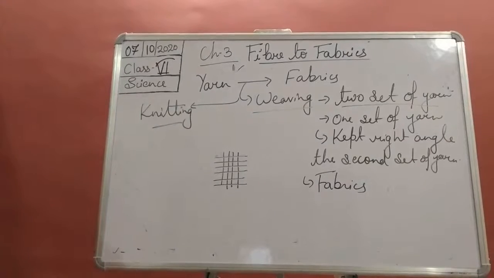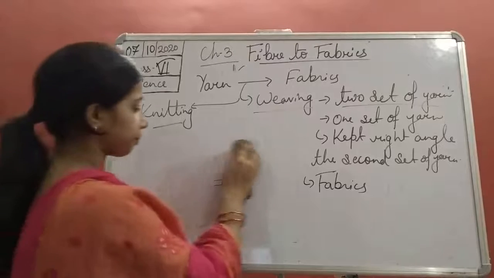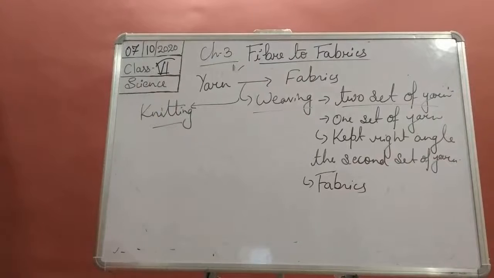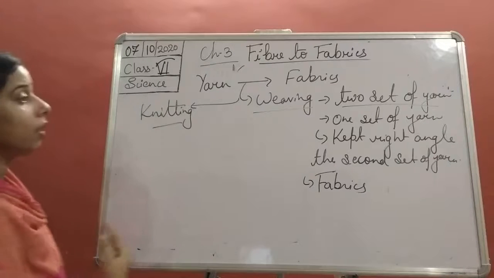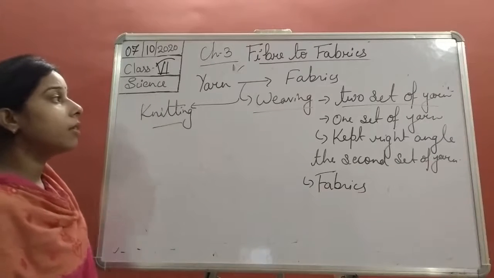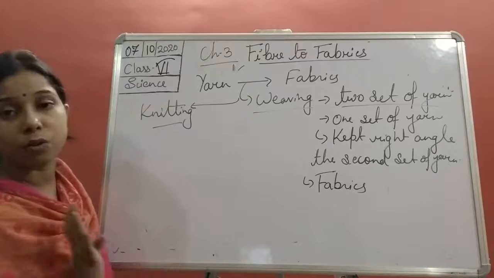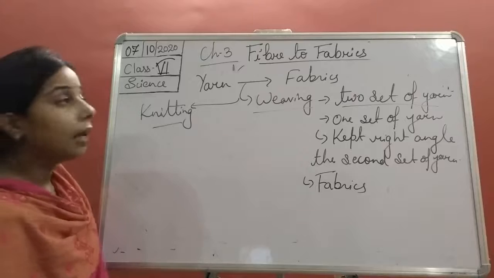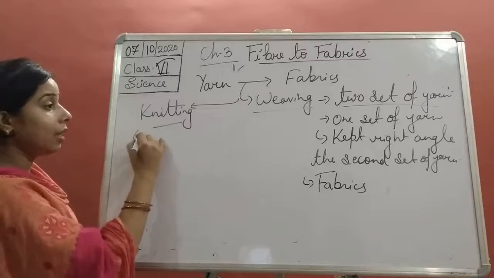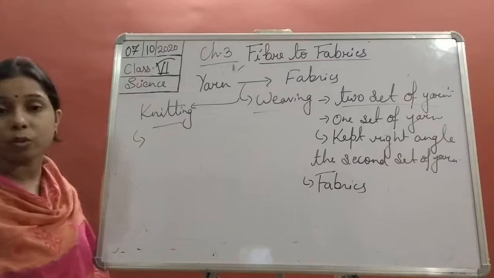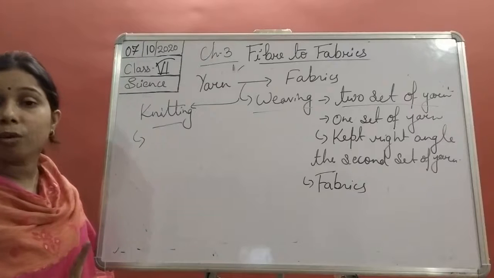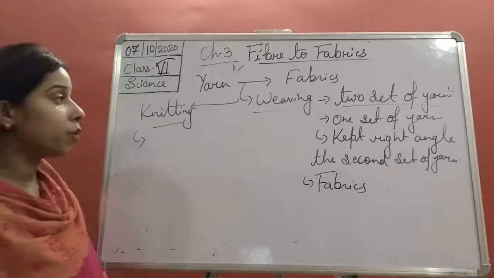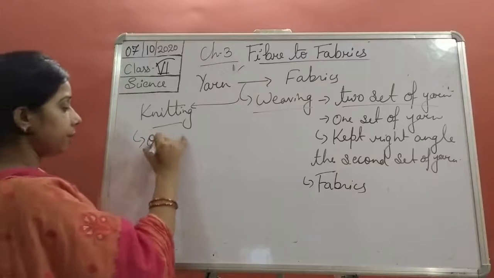If we talk about the knitting process, in case of knitting, students, the knitting process also involves the conversion of the yarn to fabric. That is for both of them. But in case of knitting, there is no need of two sets of yarn. One set of yarn is sufficient for making the fabric.